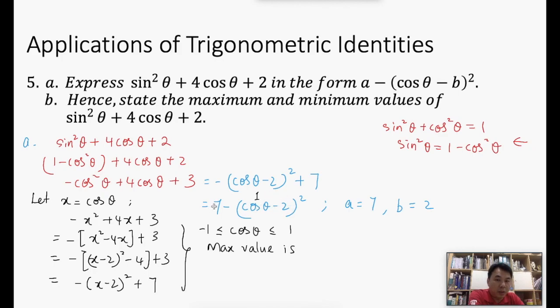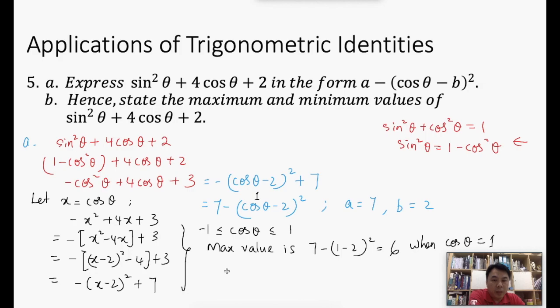Therefore, you expect the largest value for this expression. So the maximum value is 7 minus 1 minus 2 squared, which is equal to 6 when cos theta is equal to 1.